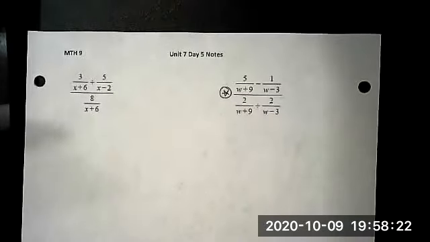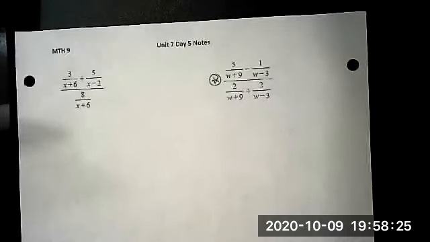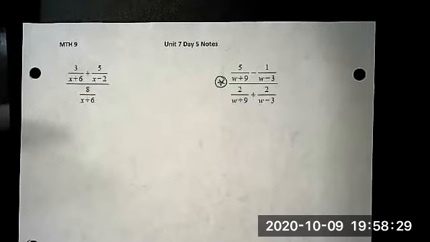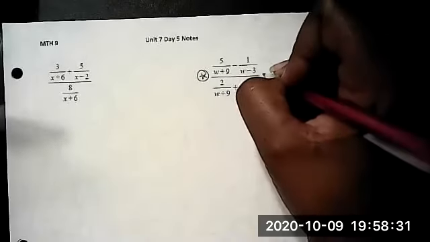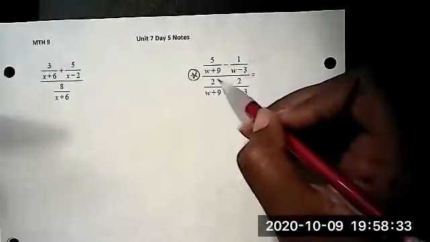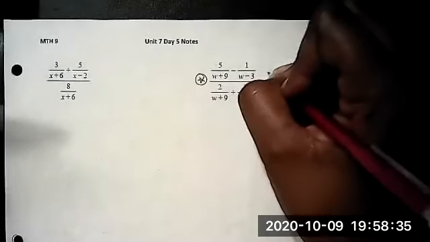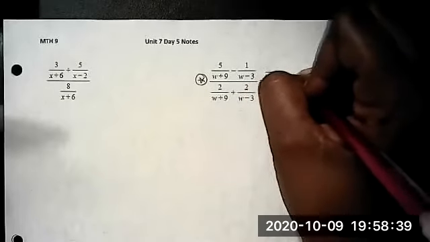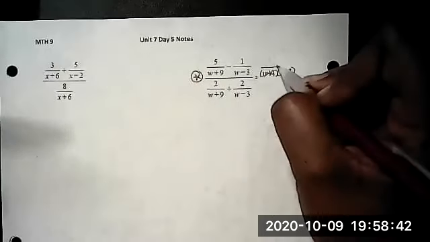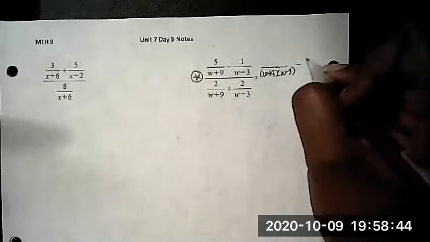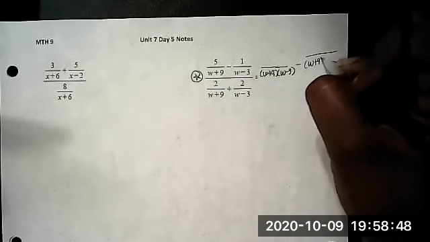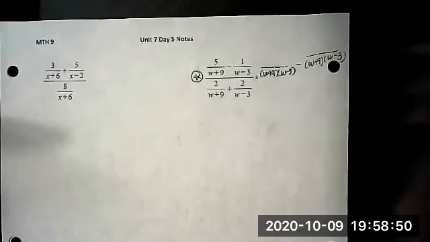All right. So this problem that is here is the same exact type of problem that we just did. So what you're going to have is your LCD here is going to be what? W plus 9 and then W minus 3, minus, then it will be W plus 9, W minus 3 there.